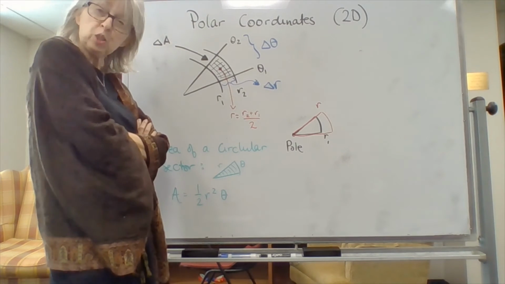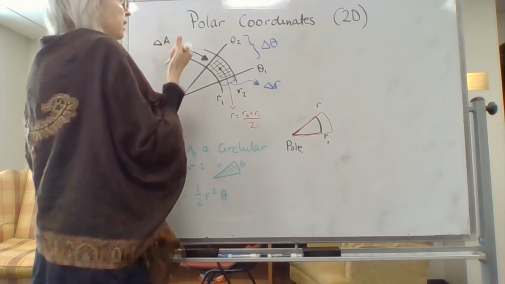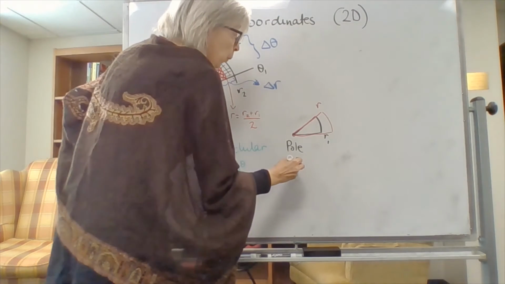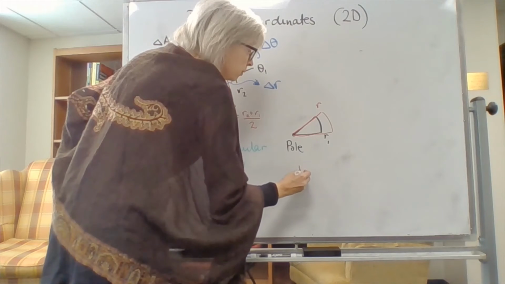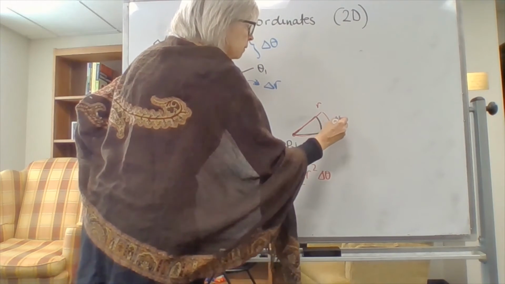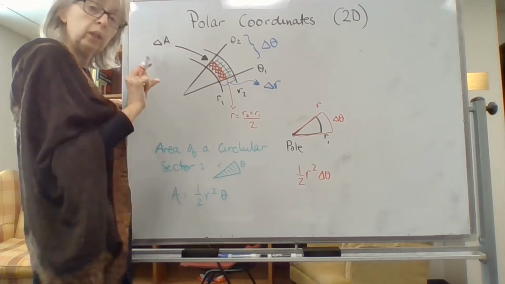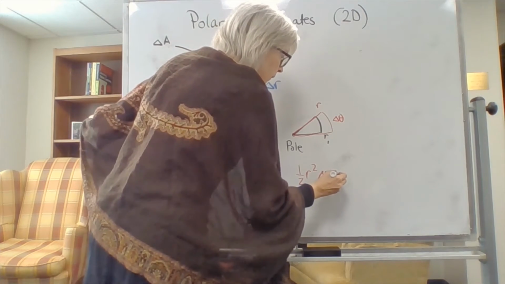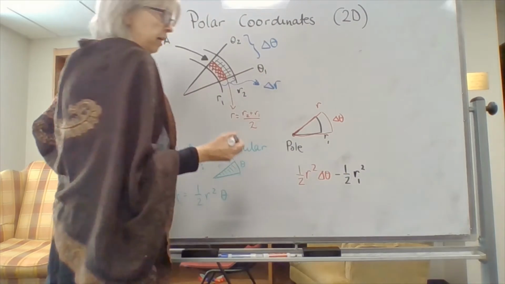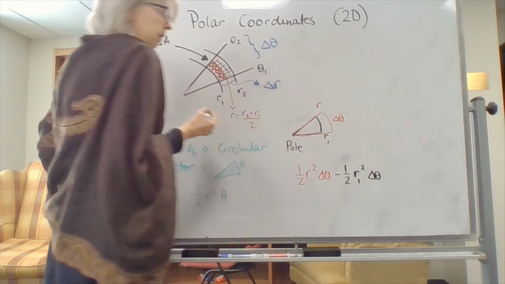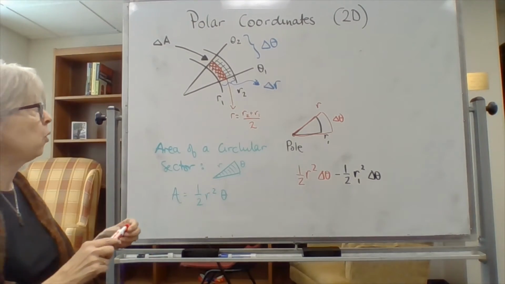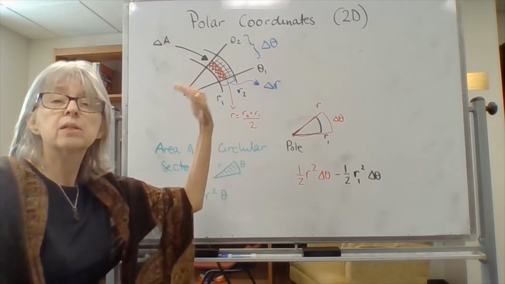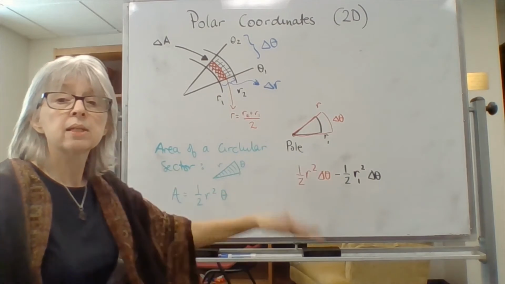And if I take the difference between those two, then what I will have is a portion of my delta A. So if I take the area of the circular sector that I get from going out r units from the pole and keeping my angle as delta theta, and I subtract from that the area I get when I go R1 as a radius, but the same angle, then what I will have is a portion of the area that I would get, my delta A, which is my plane chopped up into r's and thetas.